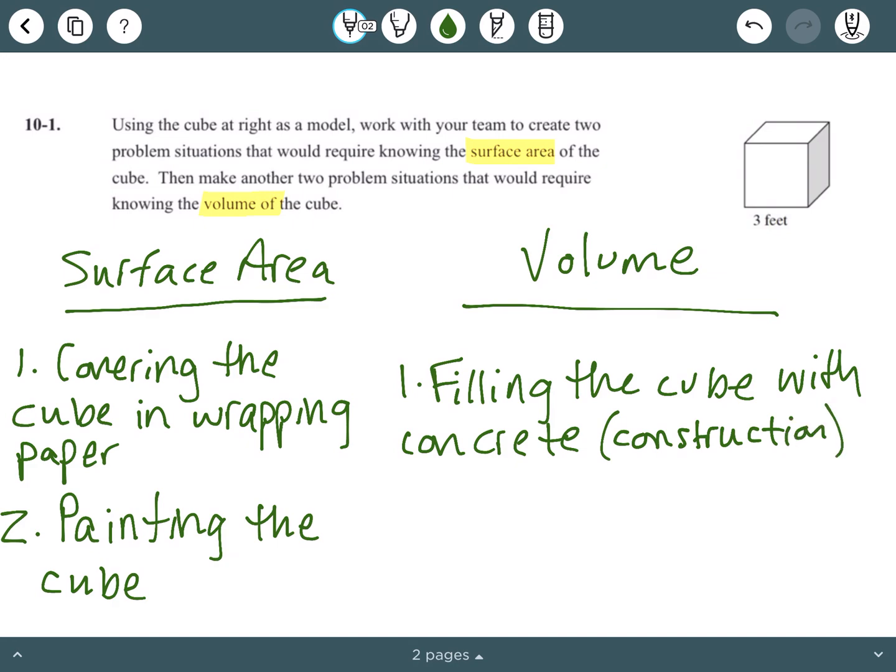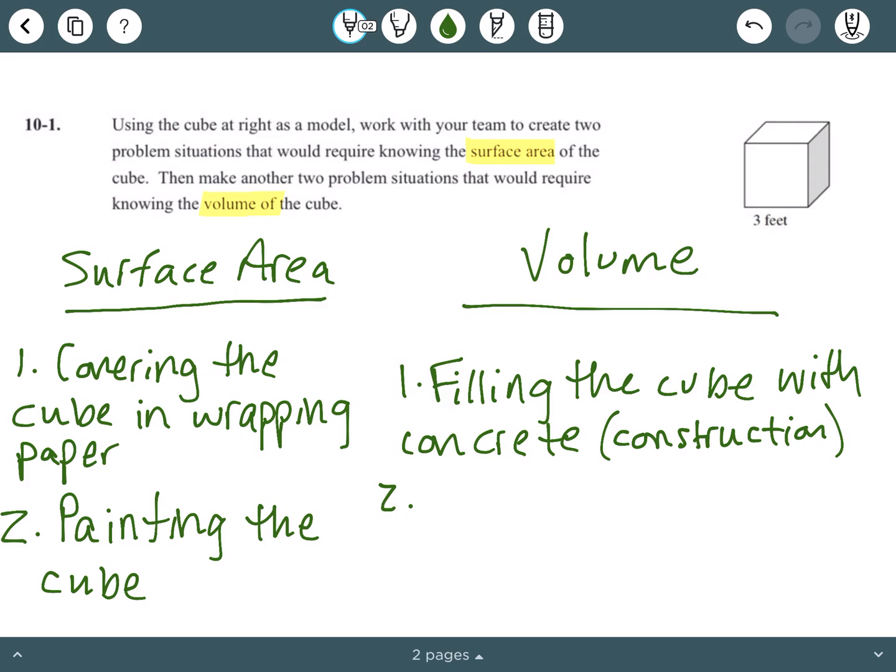Or we could be filling it with water. We could be filling it with sand, but I just can't think of a good reason to fill a 3 foot by 3 foot by 3 foot cube with water or sand. So for my second, now if you can come up with a great idea, that's good. And you could even say fill it with water, fill it with sand.